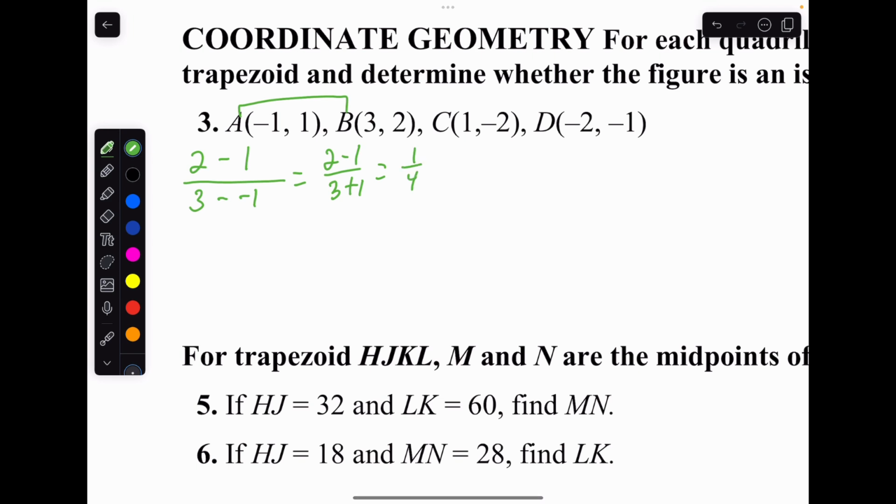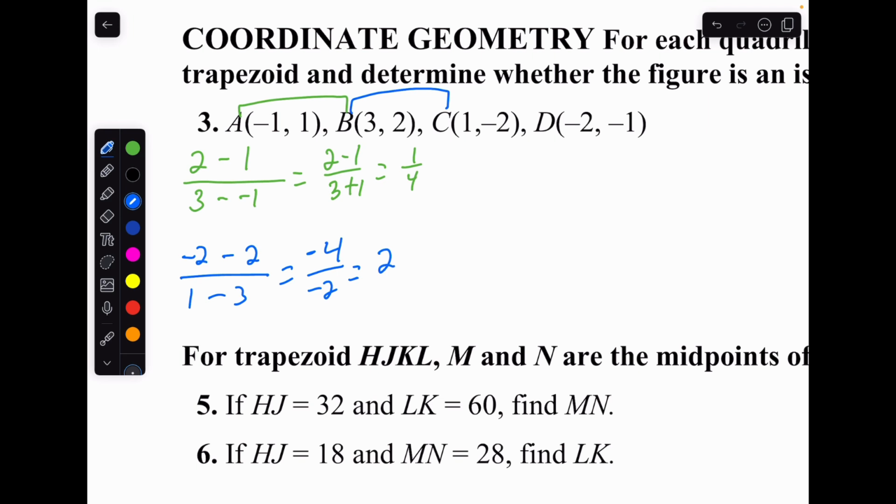That's from A to B. I'm going to do from B to C. From B to C, again, y2, negative 2, minus y1, 2, over x2, 1, minus x1, 3. So this is going to be a negative 4 over a negative 2. Negative over negative is a positive. 4 divided by 2, it's 2. So that is the slope from B to C.